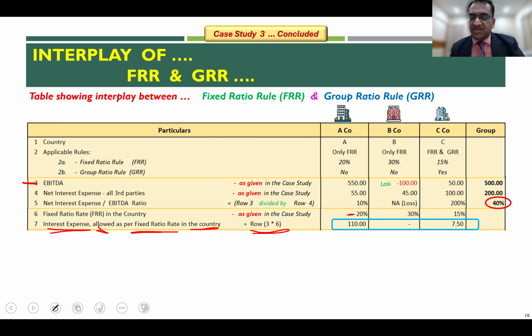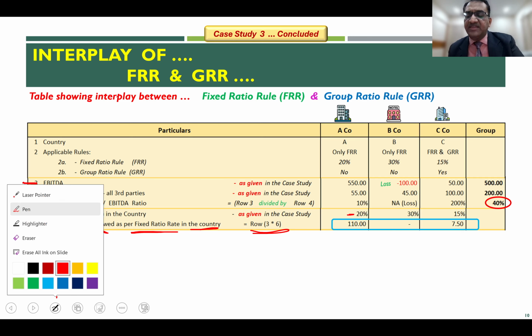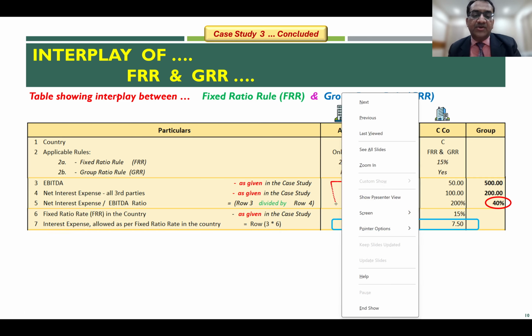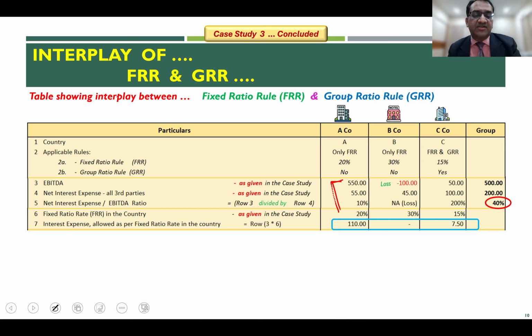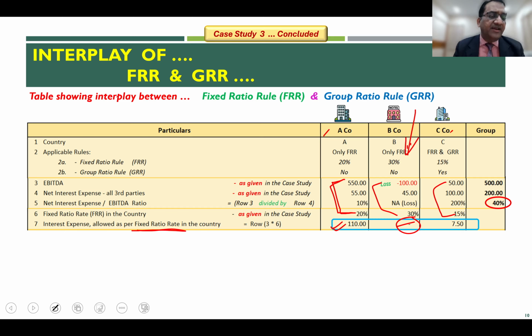So 3 into 6. If you multiply each of these cases, you get the calculation, right? But of course, for country B, because there is a loss, it is 0. So 20% of 550 is 110, your interest expense allowed as per FRR for ACO in country A. In country C, it is 15% of 50, which is 7.5.